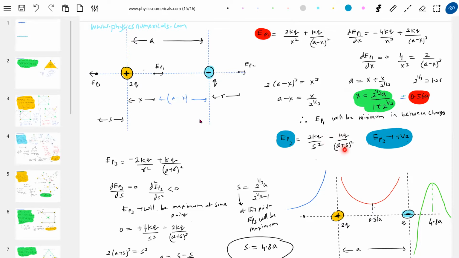For different values of s, from s equal to 0 to s equal to infinity, for anything s greater than that, we get EP3 as positive only. So therefore the curve has to be in this way.